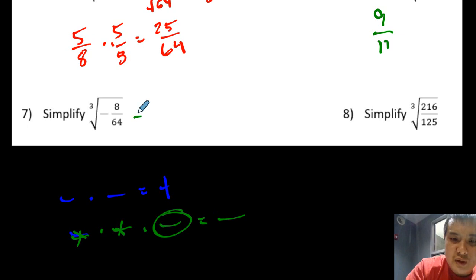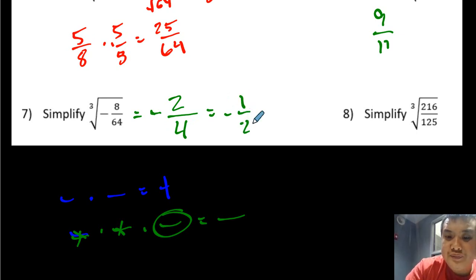So therefore, our answer is going to be negative something. And so we need to find out what the cube root of 8 is, which is 2. The cube root of 64 is 4, so our answer, once simplified, is negative 1/2.